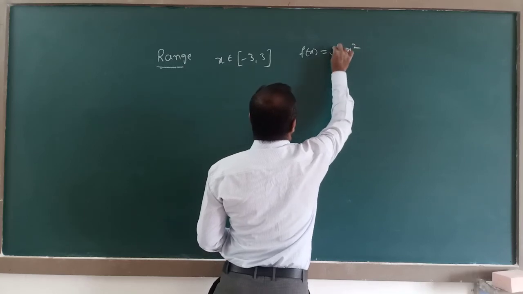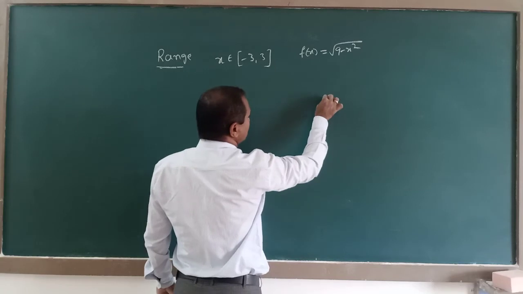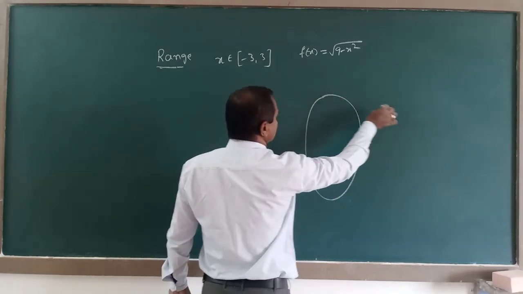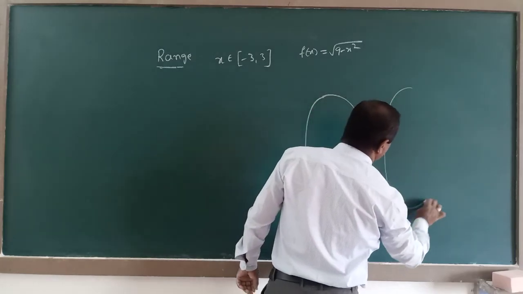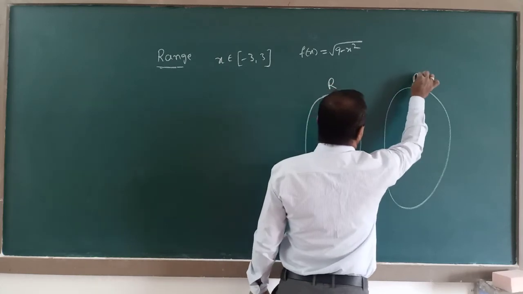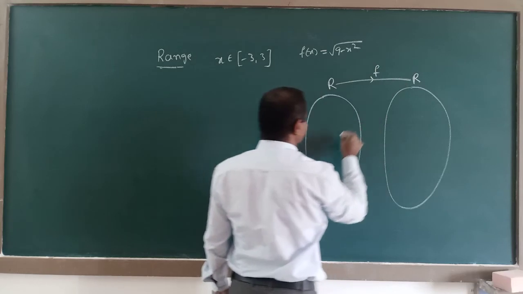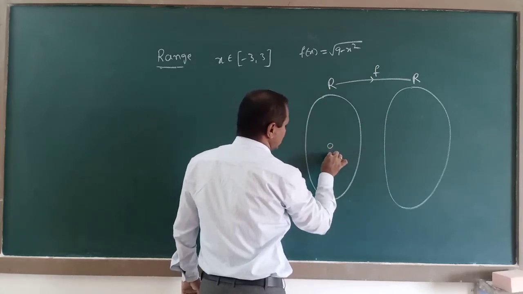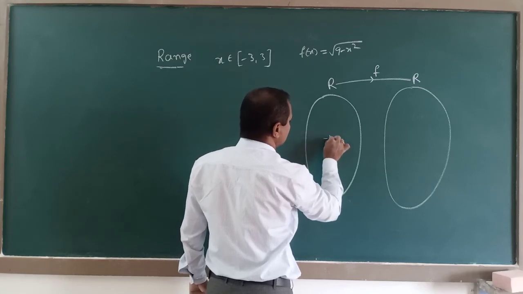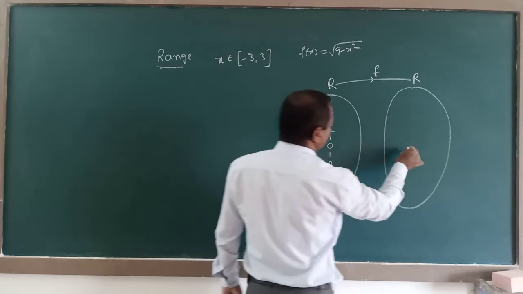With the help of that, we can easily find out the range also. It is also real numbers. One function is mapping from R to R: 0, 1, 2, 3, 4 and so on, minus 1, minus 2, minus 3, minus 4 and so on.